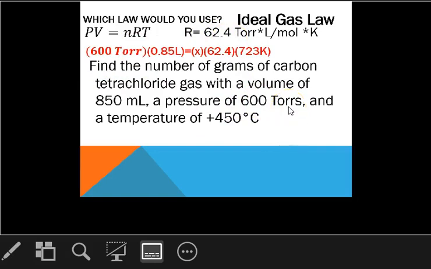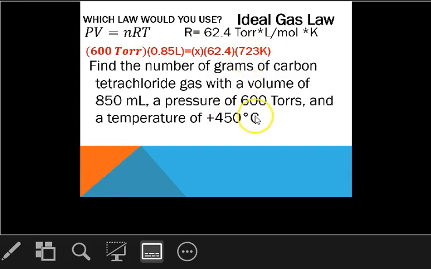600 torr, that's pressure. That's the P. V is volume. They gave me 850 milliliters, but you'll notice you have to put it in ideal conditions, which means in liters. To make milliliters into liters, you move the decimal point 3 places to the left, equals the number of moles, which is what I'm solving for, times R, which is the reference number provided, times T, which is 450 plus 273.